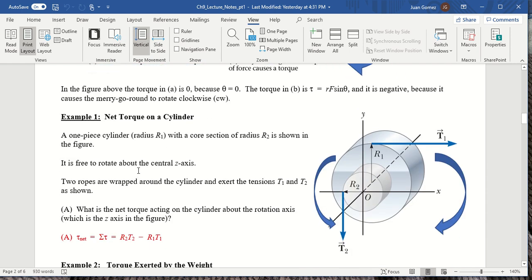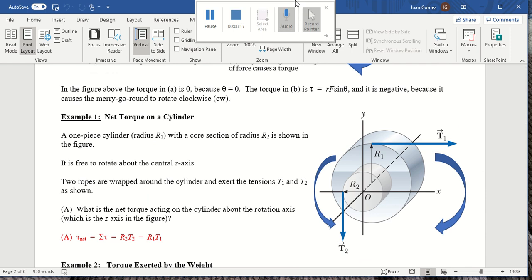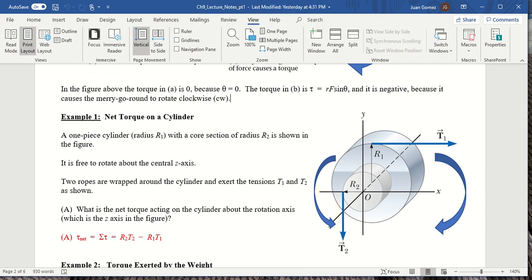Now let's look at another example. Let's look at the net torque on a cylinder. And again, you want to think a little bit outside the box, because typically when we talk about torques, the object is going to be fixed to rotate about a certain pivot, about a certain axis.